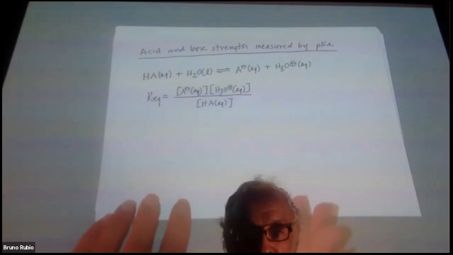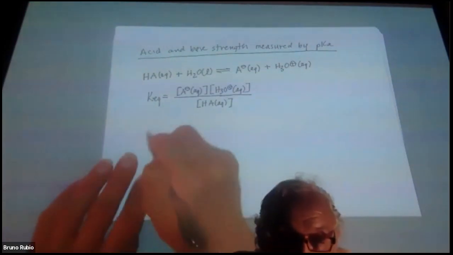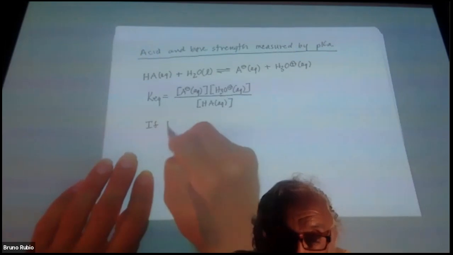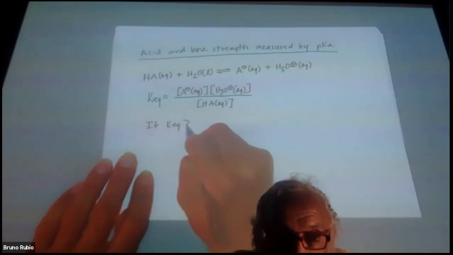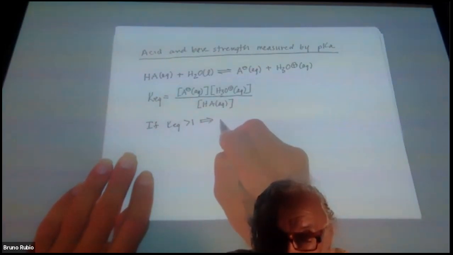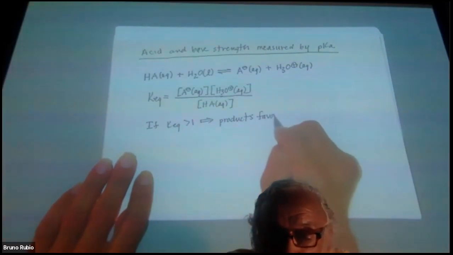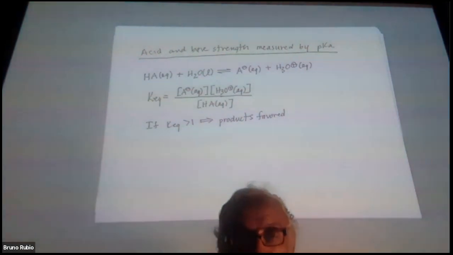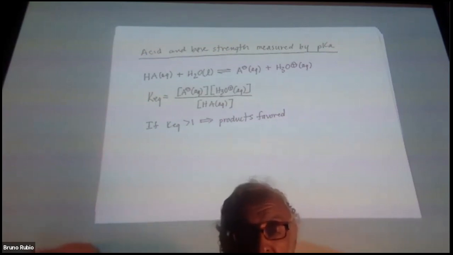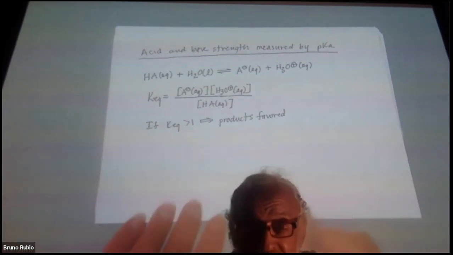Another Gen Chem concept that I would remind you of is that if Keq is greater than 1, that means that products are favored over reactants. And in the context of acids and bases, if the equilibrium constant is greater than 1, that means we will call HA a strong acid.